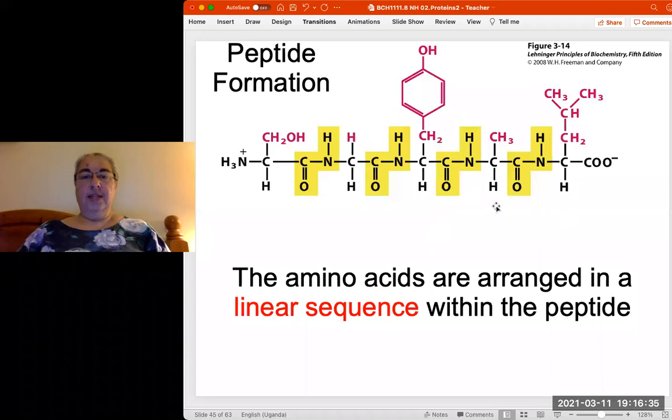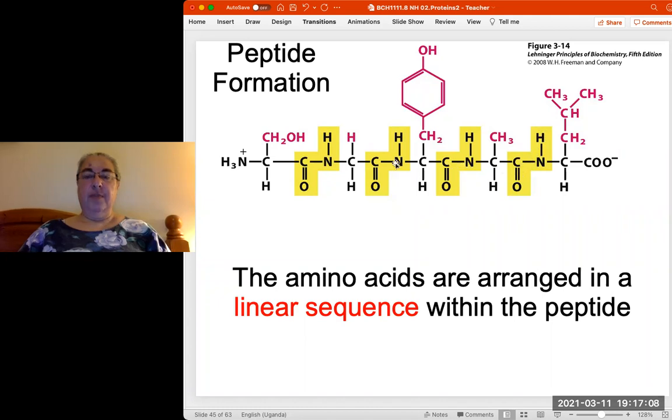So here is a peptide, a chain of amino acids arranged in a linear sequence within the peptide. So here are a number of amino acids, and each peptide bond is illustrated in yellow here. Okay, so we've got one bond here, the next, and the next, and the next.